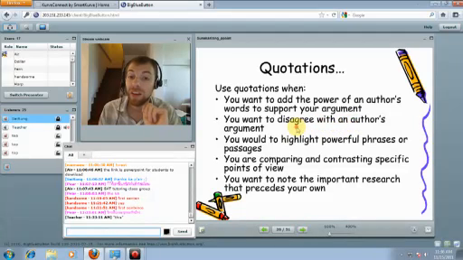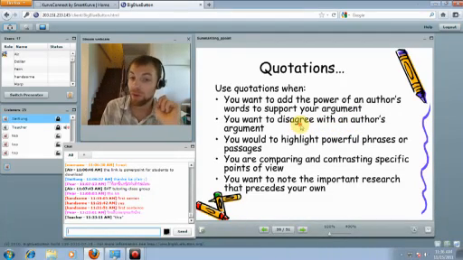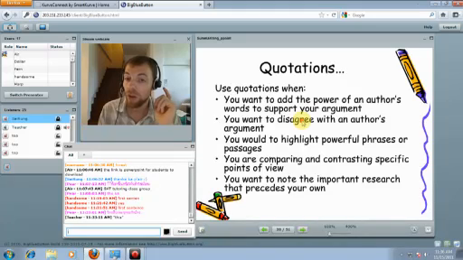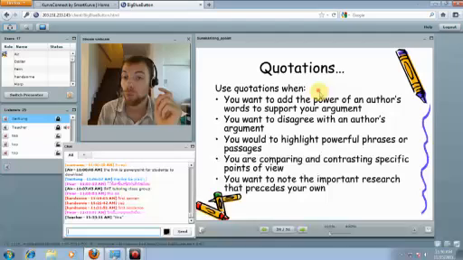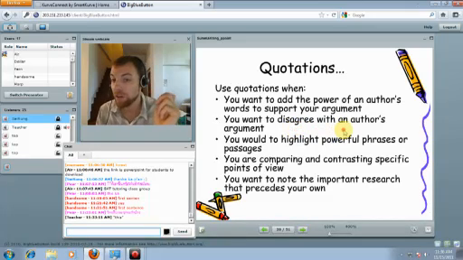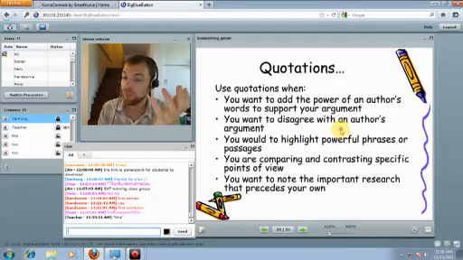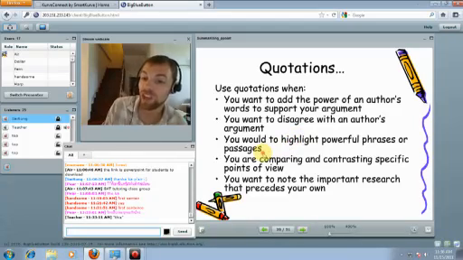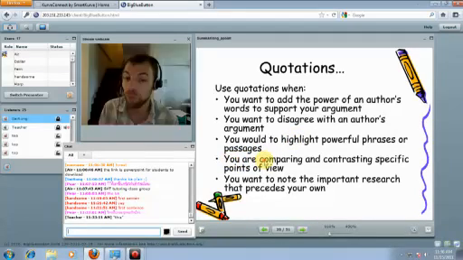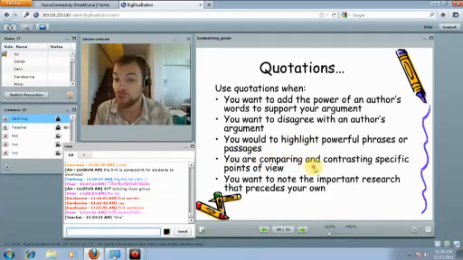And you need to always tell the reader or listener who you are quoting. Where do you get this information? Is this a quotation from Shakespeare, to be or not to be? Or is this a quotation from a book about trees?